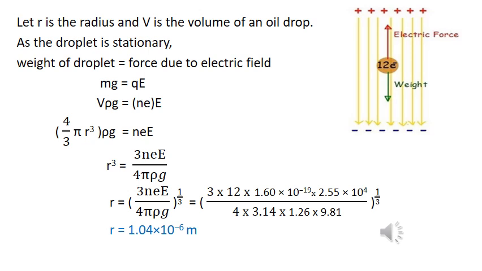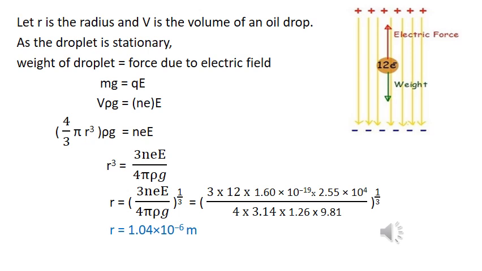By putting the values of weight of the droplet and force due to electric field, mg is equal to qE. We can write the mass of the droplet as volume into density, and the volume of the drop is 4 by 3 pi r cube since it has a spherical shape, and the charge on the drop is given by n into e by using quantization of charge.